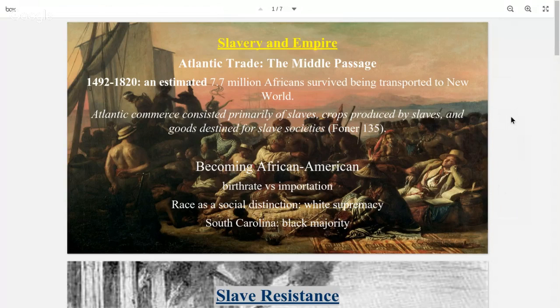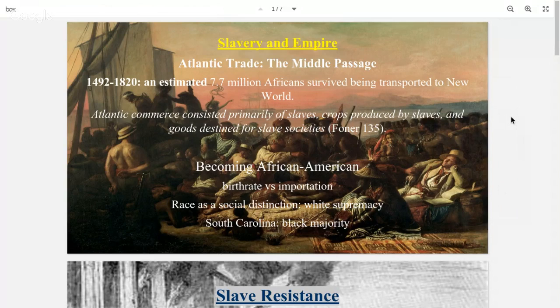But it really sets up the codification, or, I'm trying to think of the word for it, and I can't. I'm drawing a blank. Entrenchment of slavery as a very, very dominant labor force in the southern colonies of British North America, right?